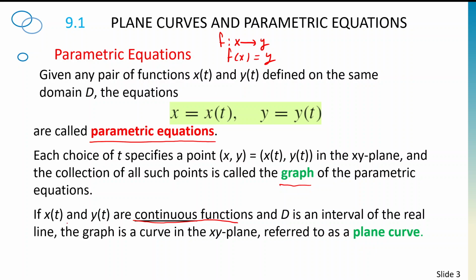The graph that we're graphing using the parametric equations, we'll call the plane curve.